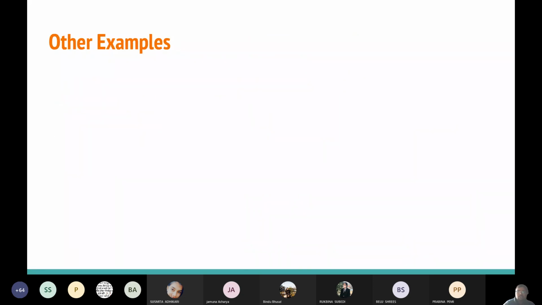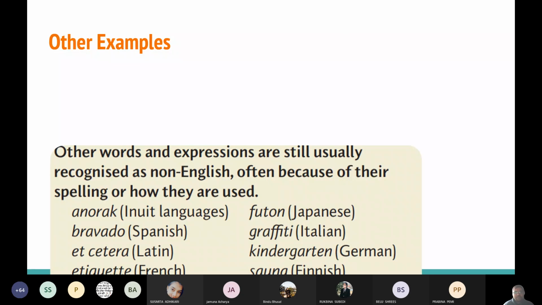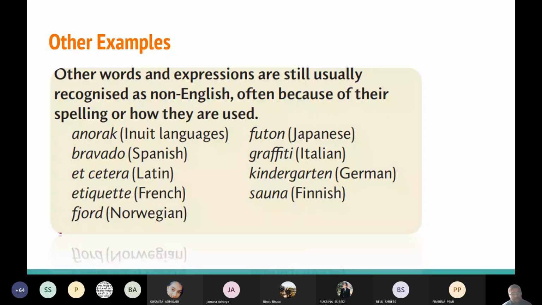Now, let's go to other examples. I have taken this example from our book, Active English Grammar. Other words and expressions are still usually recognized as non-English words, often because of their spelling or how they are used.